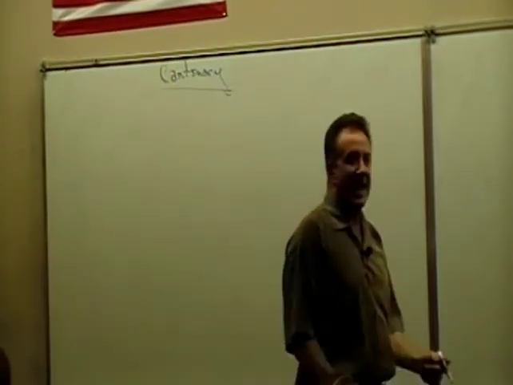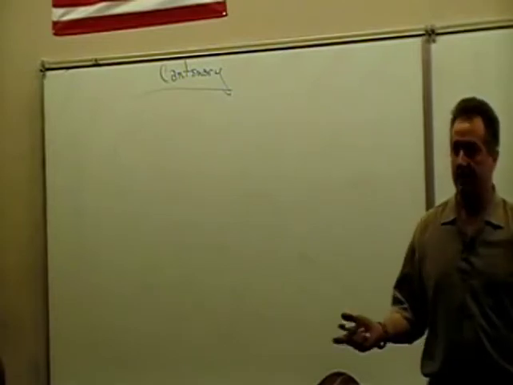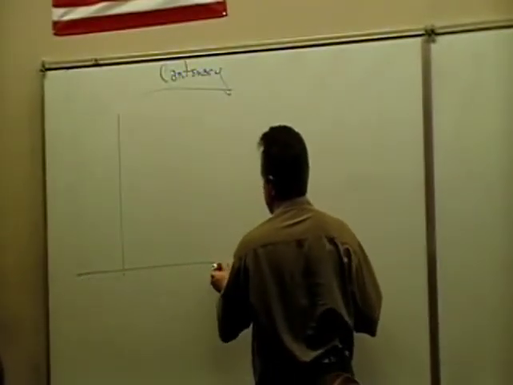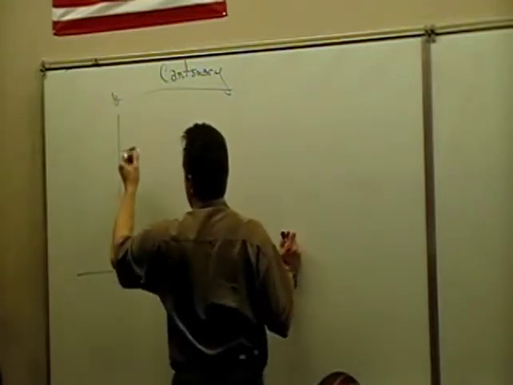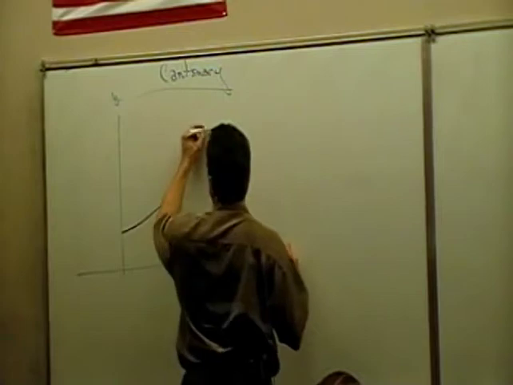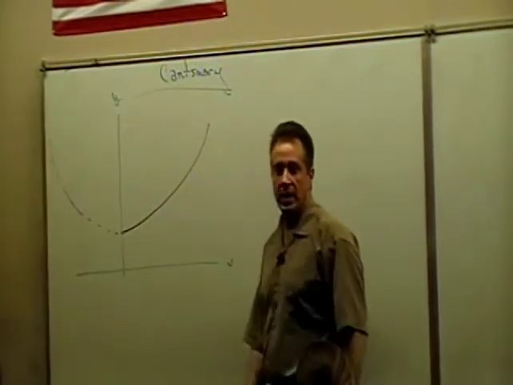Catenary is a hanging cable, a static hanging cable that is essentially hanging under its own weight. So let's say we had some cable, let me draw it on a coordinate system. Here's x and here's y. And I have some cable hanging, like so. Okay?